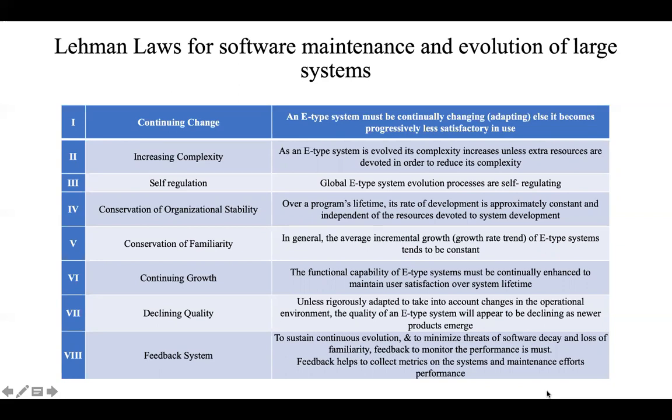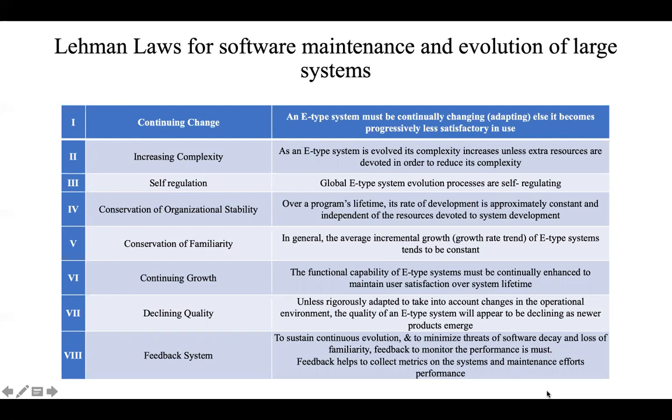According to the second law, increasing complexity, as already told, when the system evolves, it becomes complex unless we are rigorously maintaining it and adapting it. So we have to devote a lot of extra resources in order to reduce its complexity. Third law is law of self-regulation. Every E-type system is generally self-regulating.